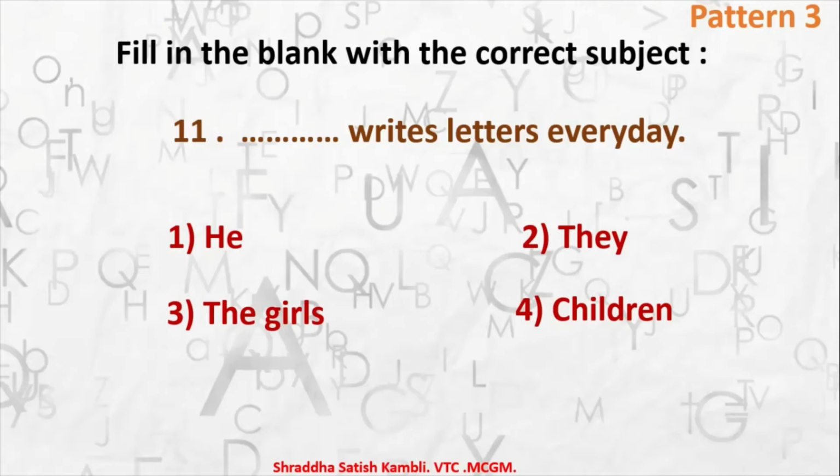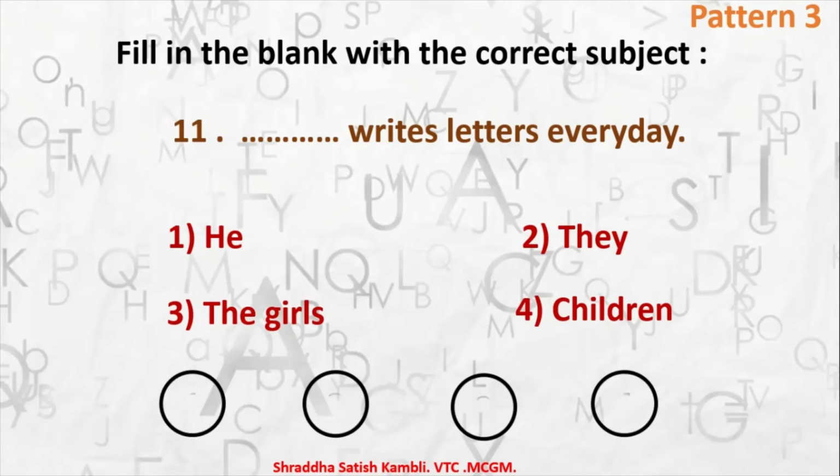Or children writes letters every day? Come on, think. Grammatically, which one is correct? It is the first one. We say he writes, she writes, they write, the girls write, children write. So the first one is the correct answer.